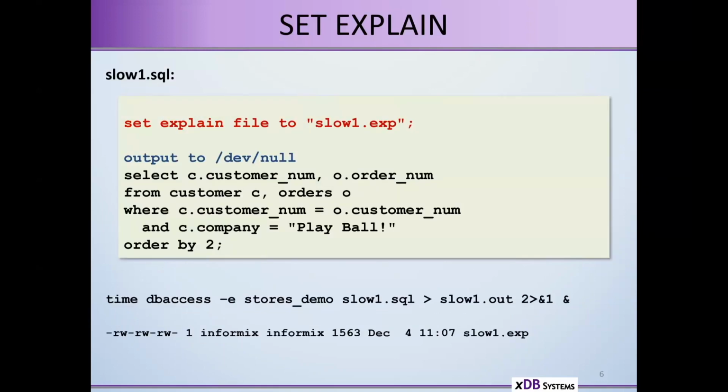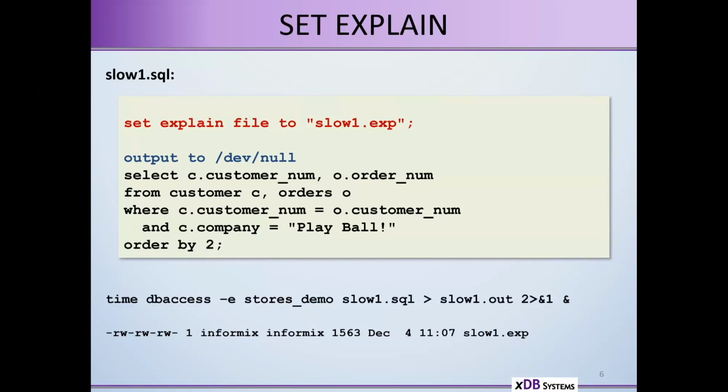So by default, as I said, the file written to is sqexplain.out, but we can change that by using the command set explain file to, and then in quotes, the name of the file we want to write to. And this is normally what I do. I'll just name the explain file to be the query name with .exp on the end.